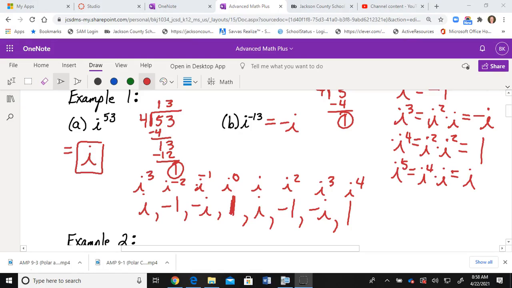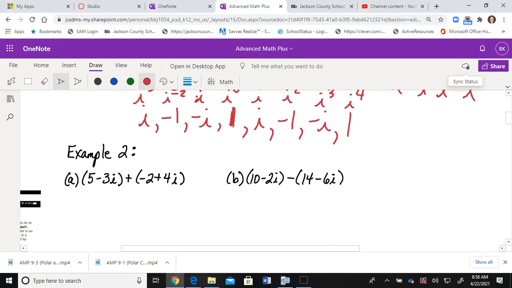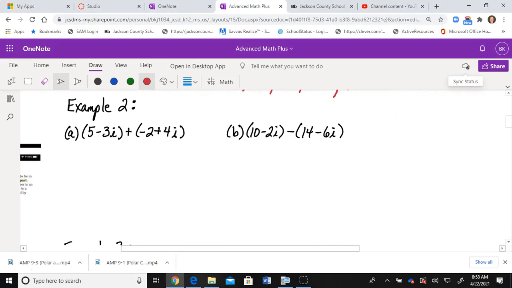So, let's move on to example 2. The rest of this is actually pretty easy, even if I am the teacher and say so myself. This is written in standard form when you have real numbers and imaginary numbers combined. We're talking about complex numbers, okay?